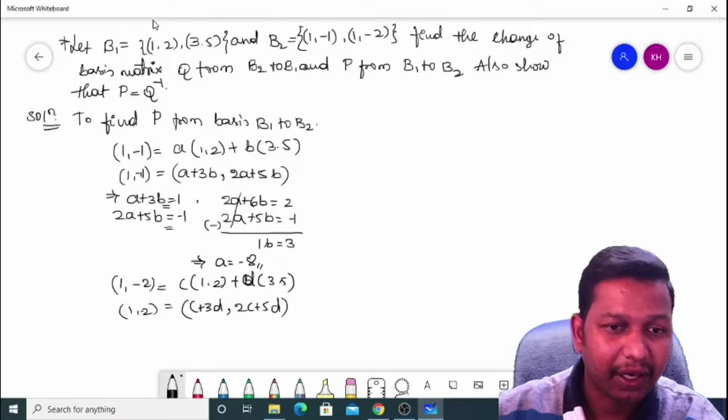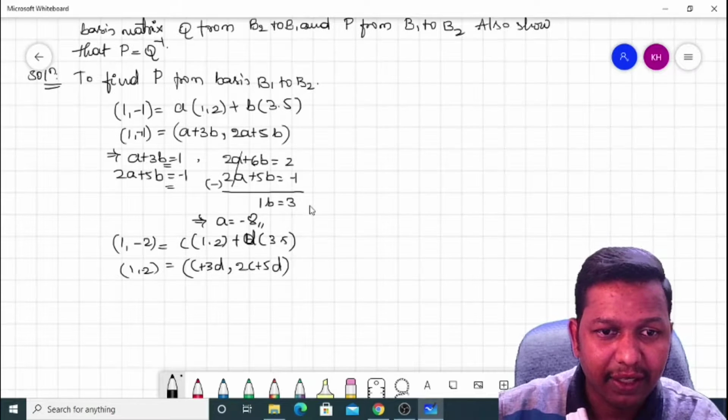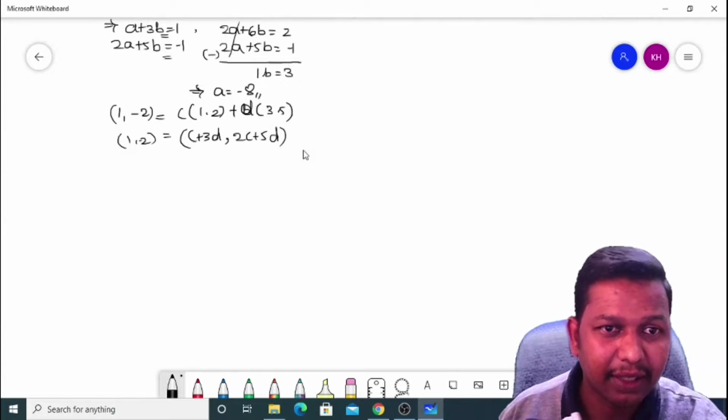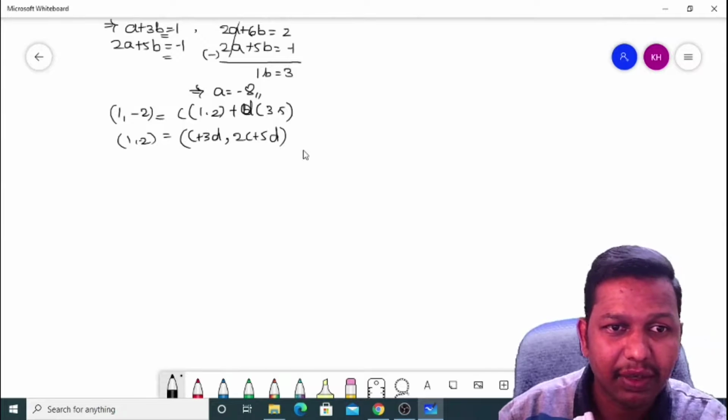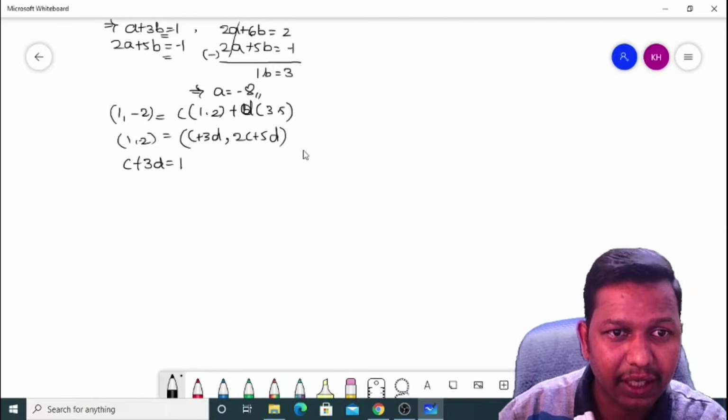So equate component-wise, that means coordinate-wise, we get a system of equations, that is C plus 3D is equal to 1 and 2C plus 5D is equal to -2.